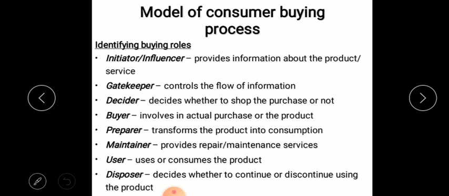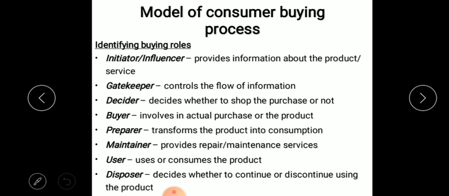Then comes preparer. Preparer transforms the product into consumption. So preparer is a person who changes the product into a useful or usable form for consumption. For example, in a typical family consumption of food items, the mother plays the role of the preparer because she is involved in preparing food items for you.